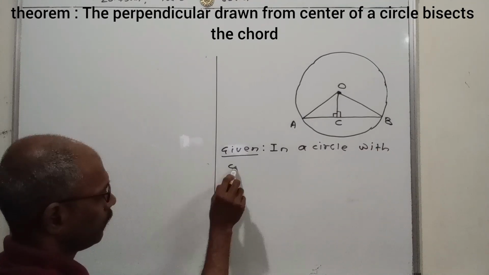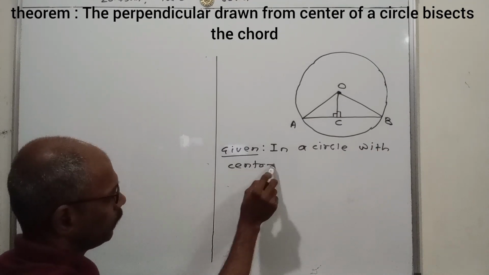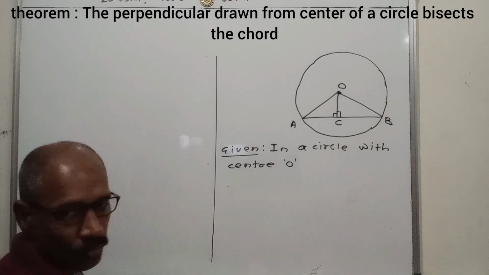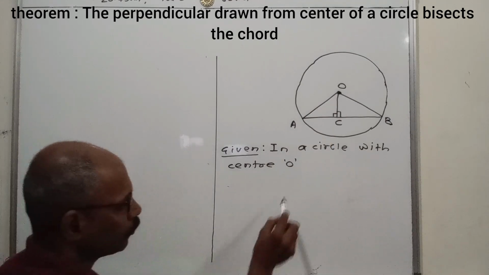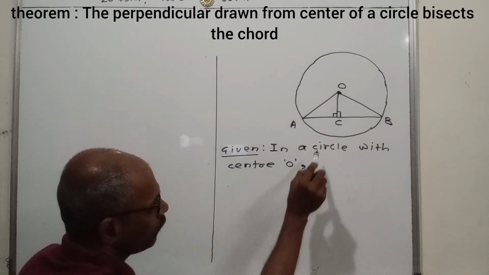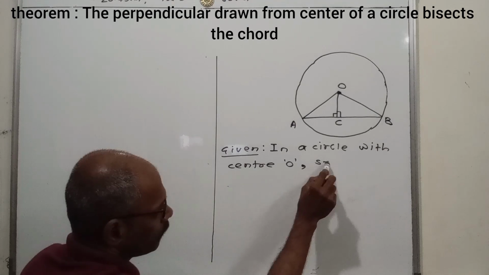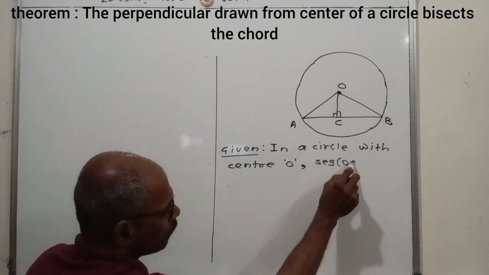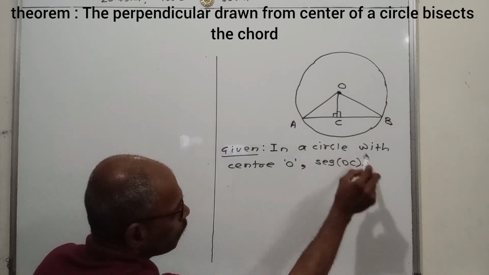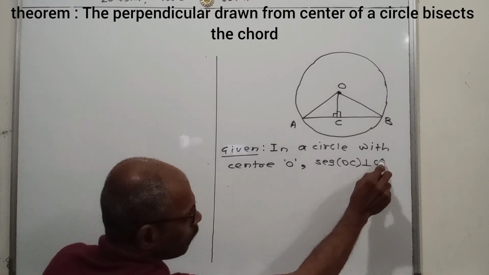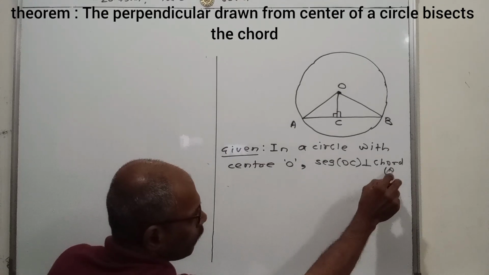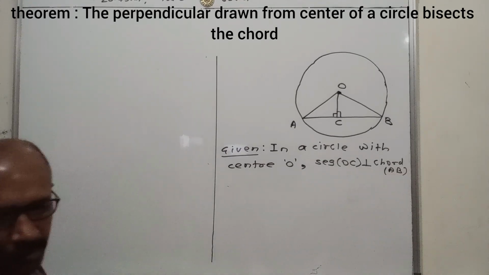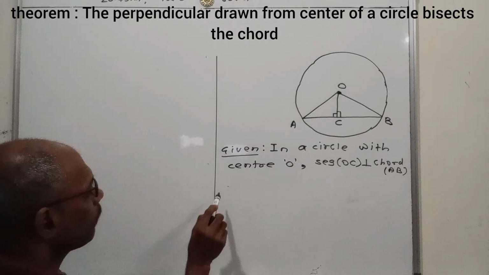In a circle with center O, segment OC perpendicular to chord AB. This is our given.